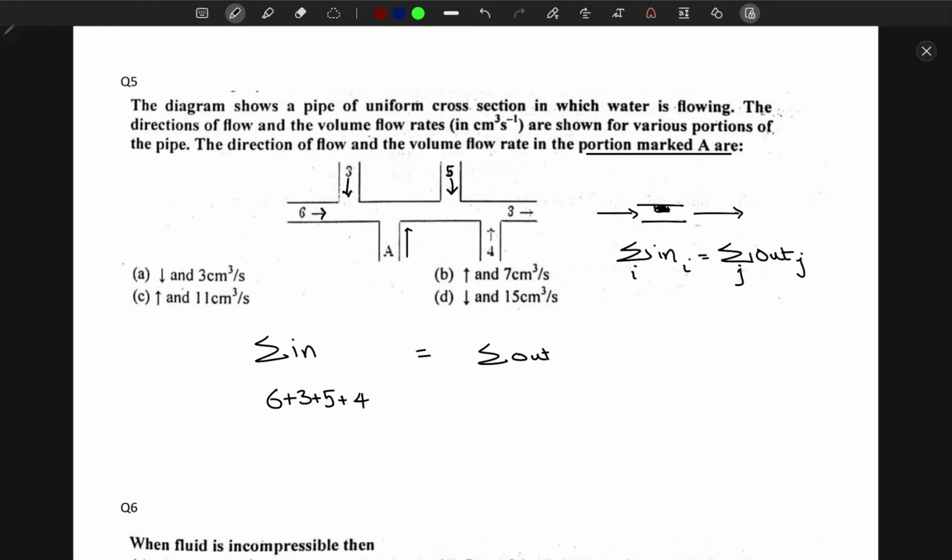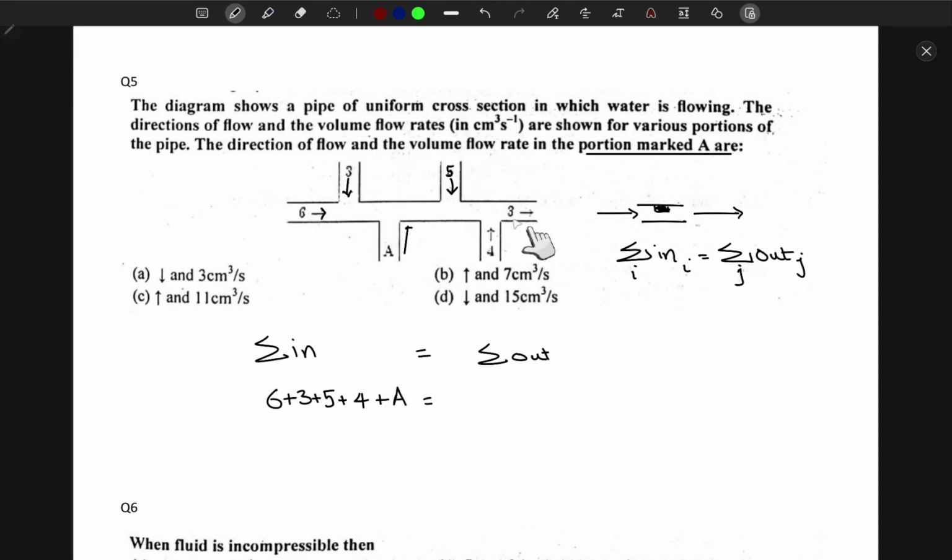And let's say at the moment that at this point it's going in, right? This is just an assumption. If it's going in, then you would put it over here. So plus A. Now we need to figure out what A is.